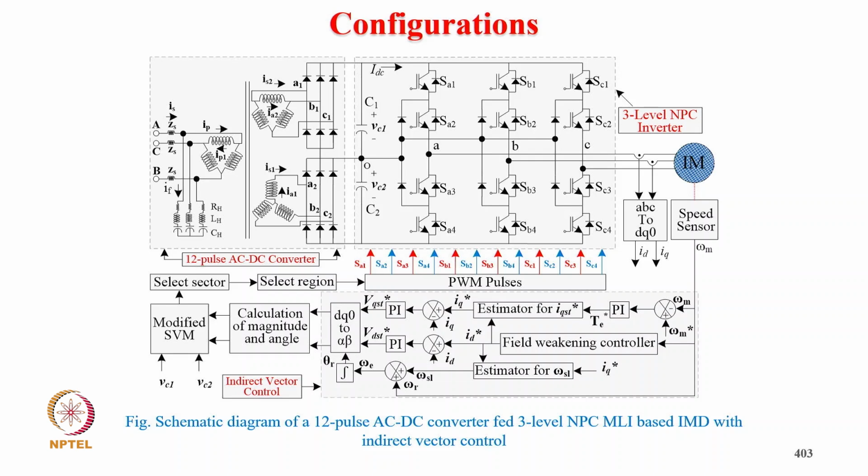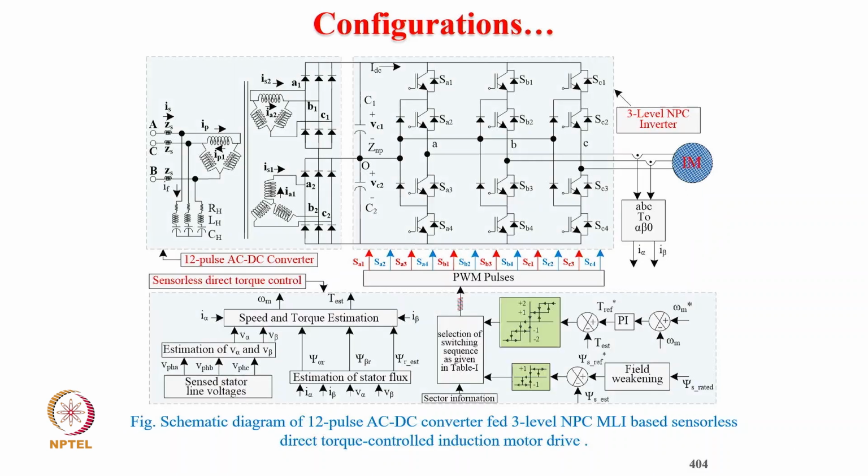So from the input supply, which is given here with a small high pass filter, and then we have a 12 pulse converter with series connection, which gives a midpoint, and then we have a 3-level neutral point inverter with the motor drive, and we have a feedback with the current as well as the speed sensing, and then we have a control for balancing of the capacitor voltage, as well as the speed control here, and the power factor control diagram.